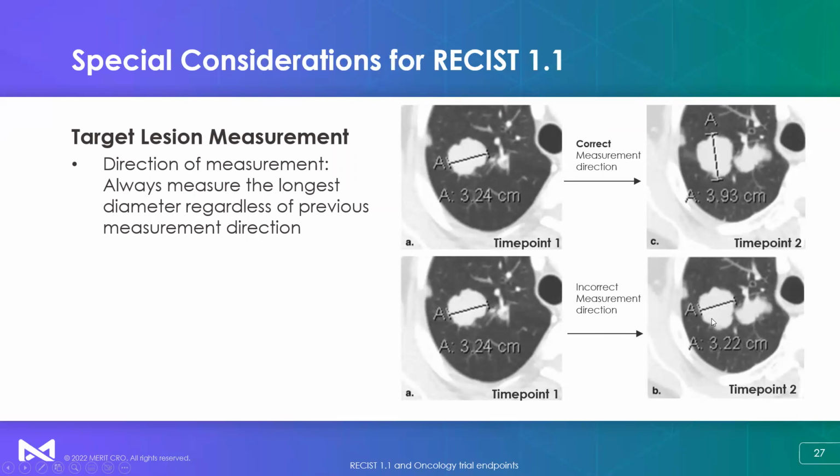But actually in this scan, a different direction gives the longest diameter, so the measurement should be corrected to a more vertical direction. That actually gives 3.93, which is a longer diameter than this one. And these incorrect or inaccurate measurements could cause an inaccurate derivation of the target lesion response, for instance.